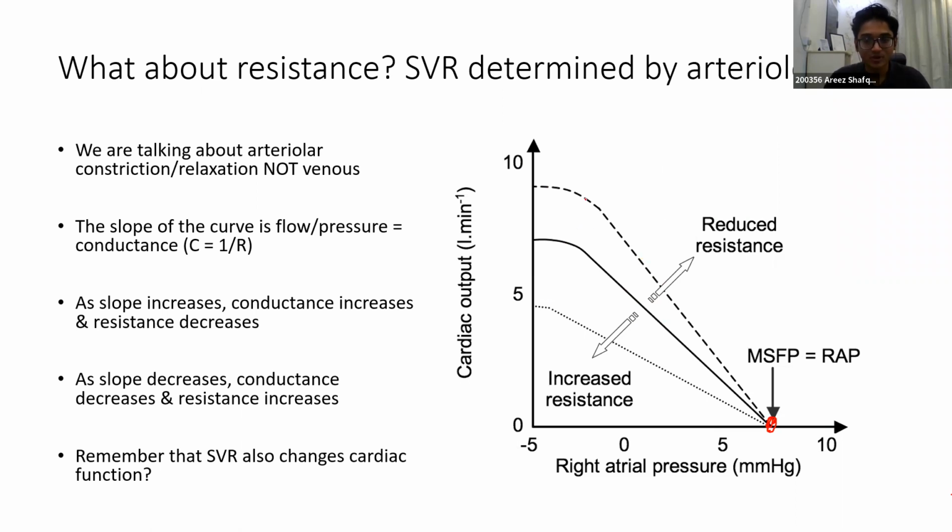If I increase the slope of the curve, like this curve is less steep, this curve is more steep, that means I've increased the slope of the curve. That means I've increased conductance. Conductance is 1 over resistance, i.e. it's the inverse of resistance. That means if I've increased conductance, I've decreased resistance. That means I've vasodilated.